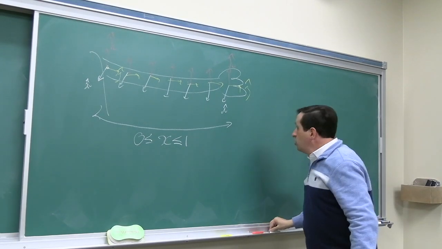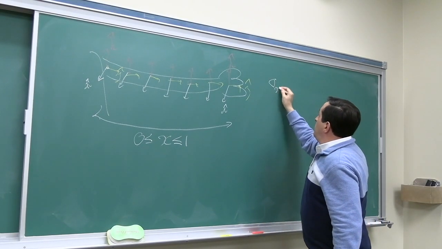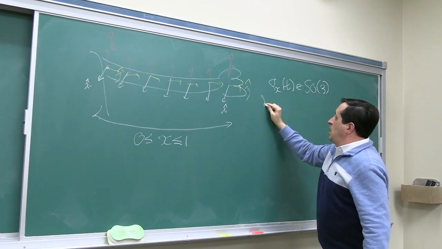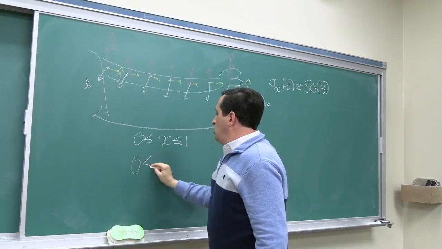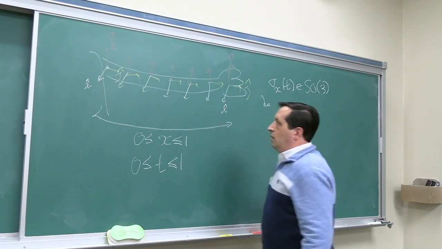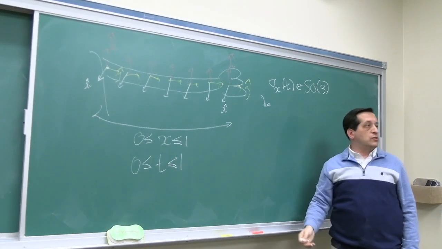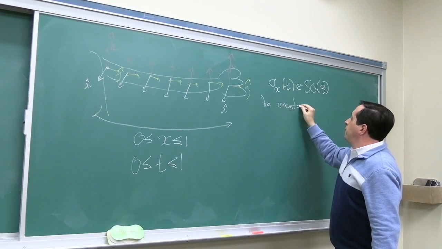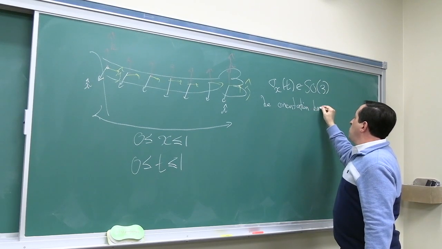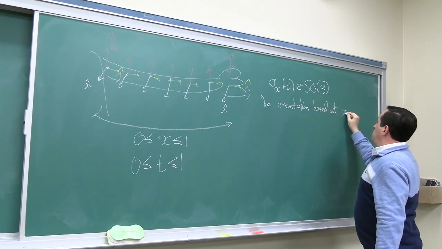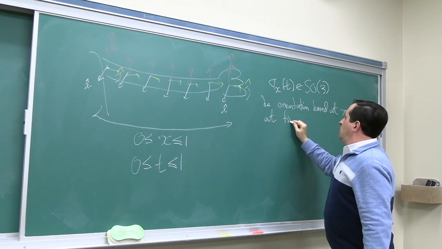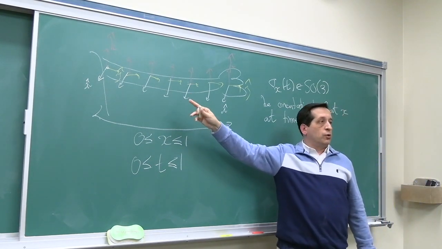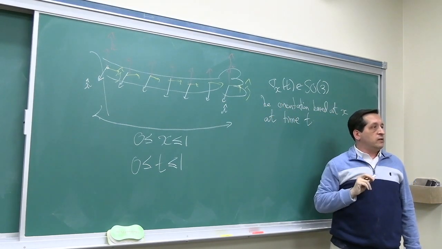So I'm going to let sigma_x(t) in SO(3), doing the entire mug trick over a time interval of length 1, be the orientation based at point x at time t. x equals 0 corresponds to my shoulder. x equals 1 corresponds to the end of my arm.